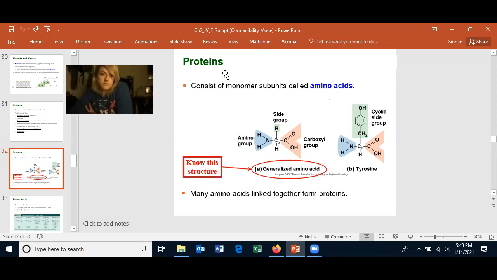Any question about that? Because there are more building blocks to protein, 20 different amino acids, proteins are more diverse than any of the other biological molecules. It's also true that proteins tend to be very large molecules.